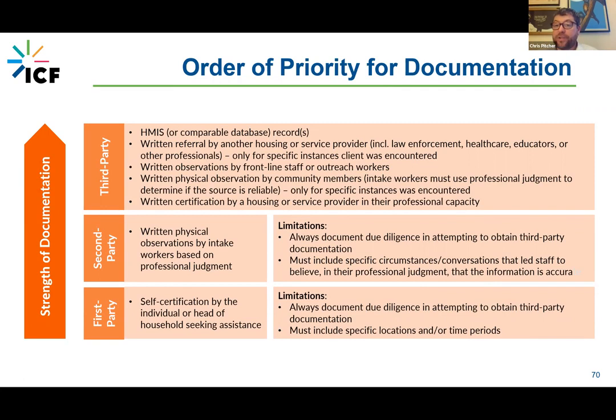This could include law enforcement or healthcare, or education, or other homeless service professionals that say, here's a referral, and tells you the specifics of what happened when we encountered the client and can say for third party that yes, they are meeting the definition of our homeless programs. Could be written observations by frontline staff or street outreach workers that have worked with the clients, or observation by other community workers, or written certification by a housing or service provider in their professional capacity. All would meet a higher level of documentation acceptance for third-party documentation.